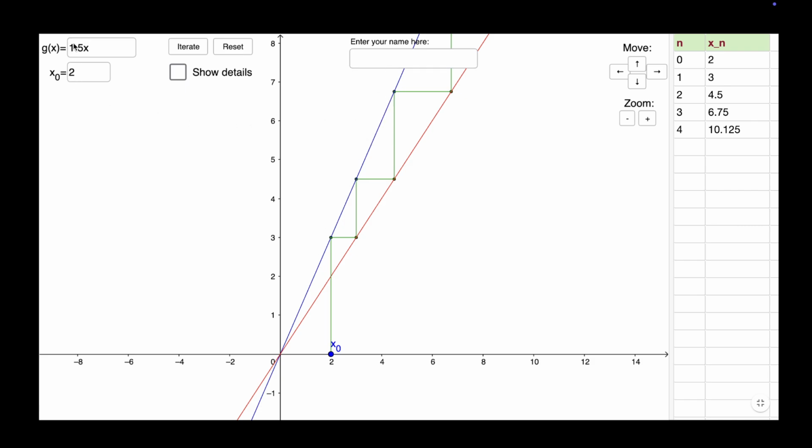Here we choose r equal to 1.5. So we observe that x0, the corresponding x1, x2, and x3 move away from the intersecting point. This is the steady state.